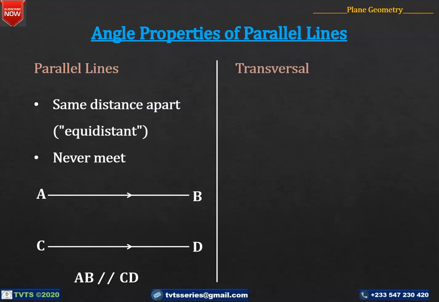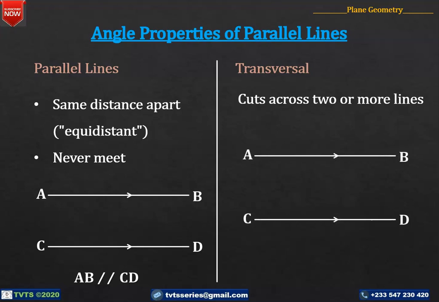A transversal is a straight line that cuts across two or more lines. For example, in this diagram, line EF is a transversal as it cuts across the parallel lines AB and CD.